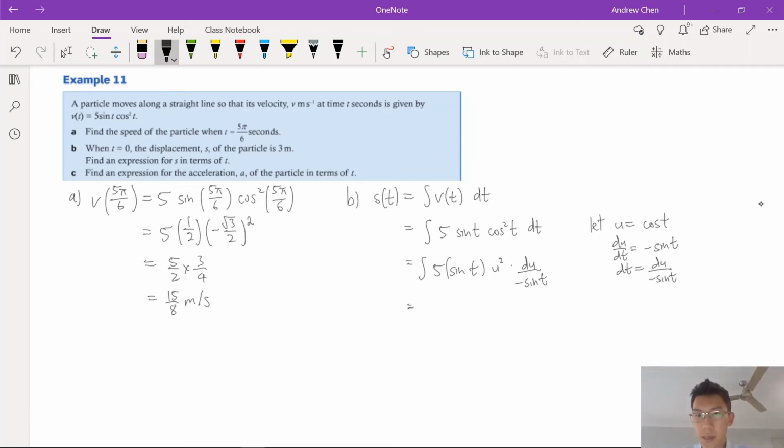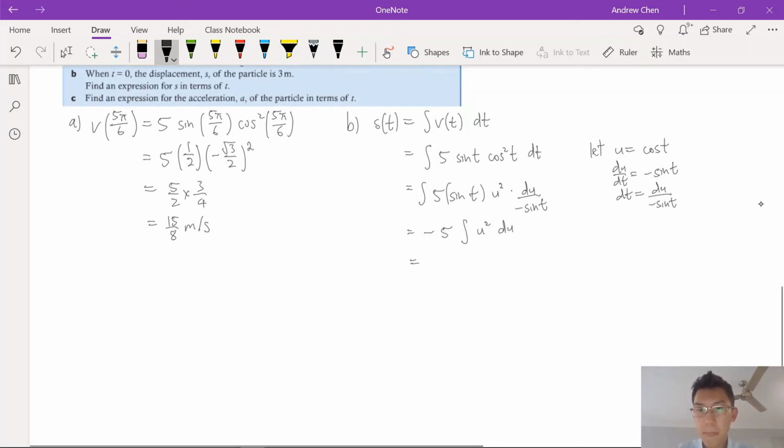So the sine t's cancel each other out, and we get a negative 5, which I'll put outside the integral. So negative 5 times the integral of u squared, which gives negative 5 times u cubed on 3, but I'll do all this in one go, plus c. Okay, so there's my integral.